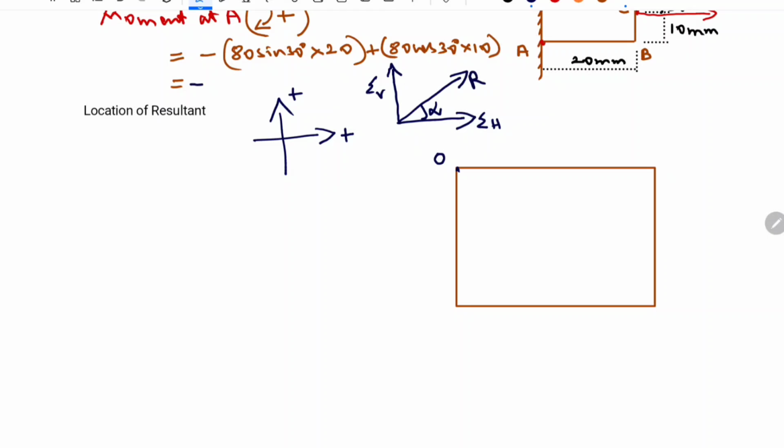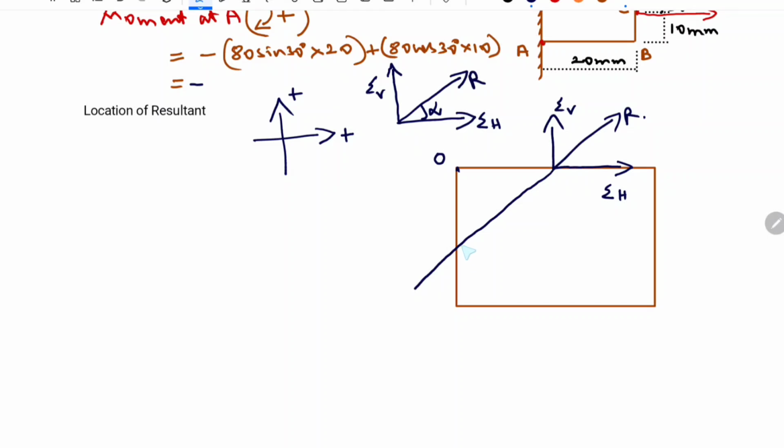If you get a positive sign, it is acting in the clockwise direction. Let us say we got a negative moment previously. Somewhere in this square, I'll get sigma H like this, sigma V like this, and the resultant like this. This is the line of action of the resultant.